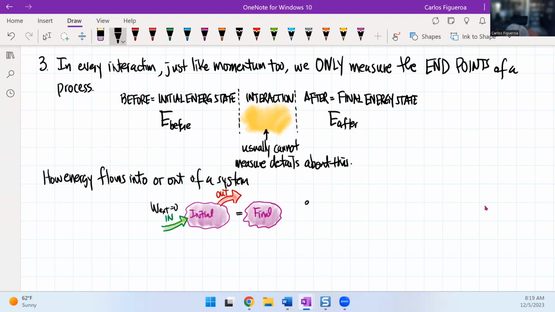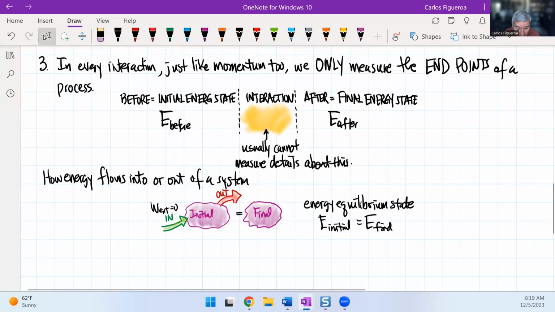We call this an energy equilibrium state because the energy initially has to be the same as the energy afterwards. You can't destroy or create energy. You can only transform this process here.